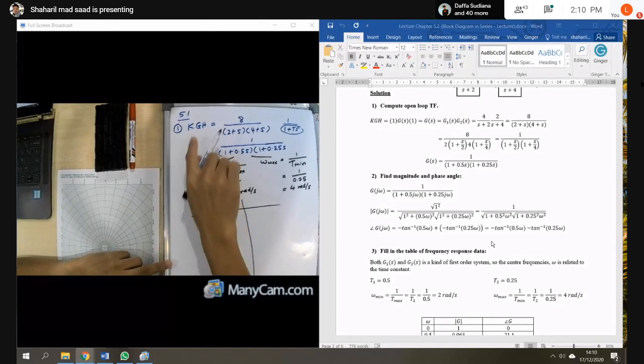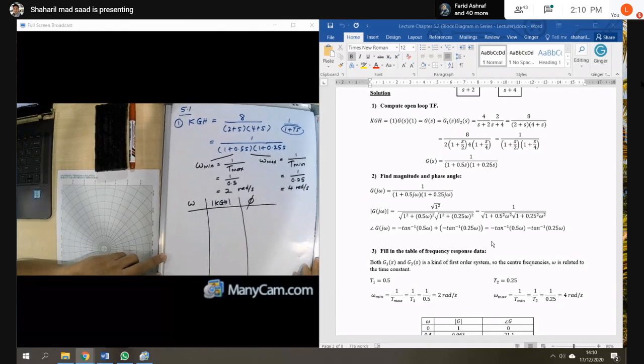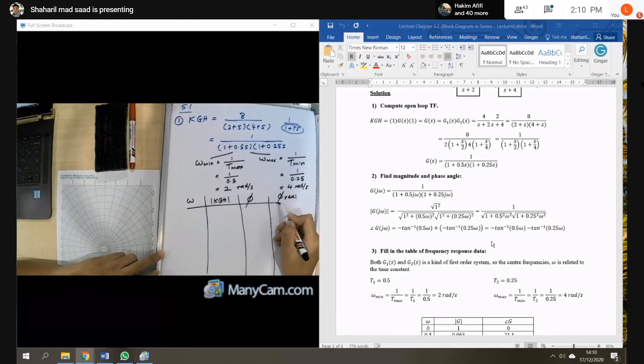Or maybe you can put G also, it also can. And this one I put P, the symbol is P. This is the phase angle, and I put a more column. This is real. Why I put it like this, I will explain to you.